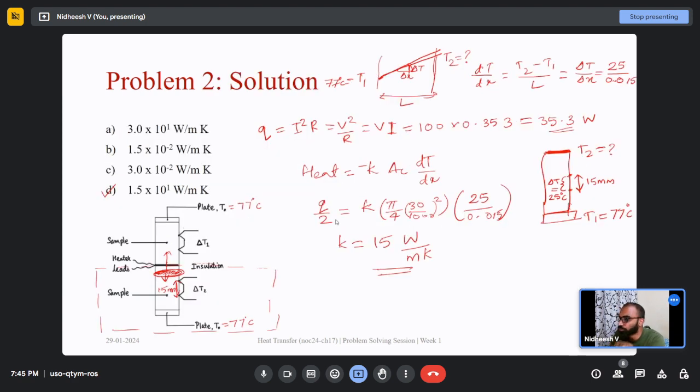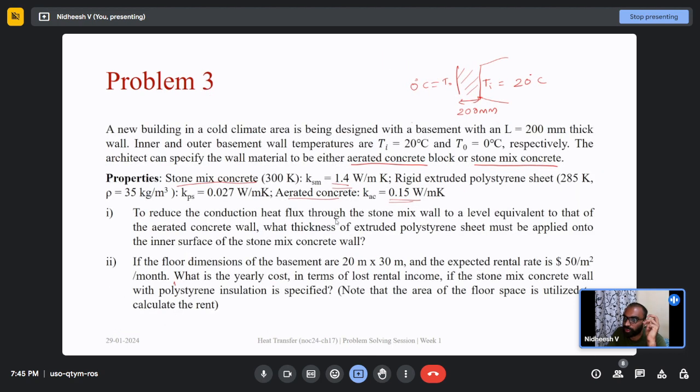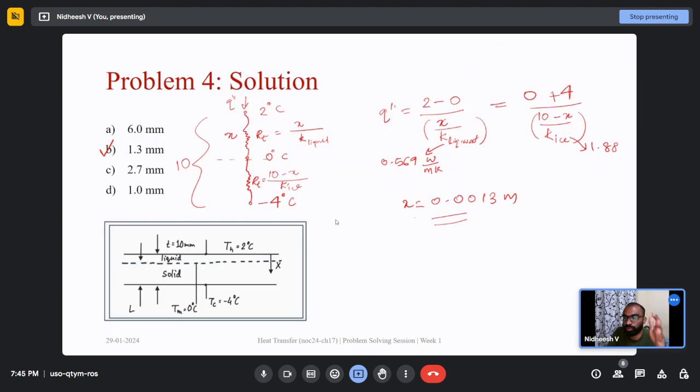In this problem we are making use of a heating source and a thermocouple to find out the thermal conductivity of the material. If it is a very new material that we don't know of, then we will have to approach the problem this standard way. But for most commonly used materials, all these properties are already tabulated and fairly well available.